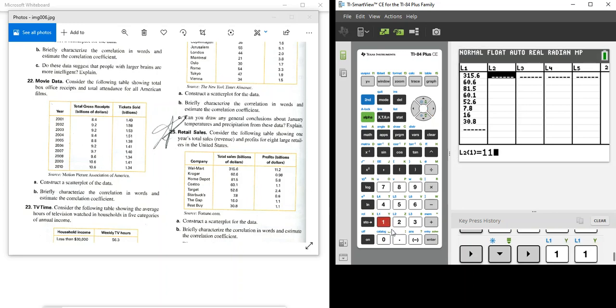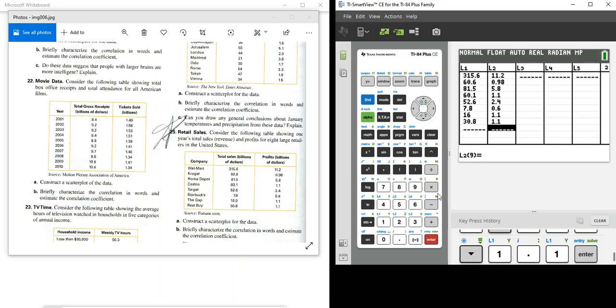All right, so 11.2, 0.98 in billions again, and 5.8, 1.1, 2.4, 0.6, 1.1, and 1.1.